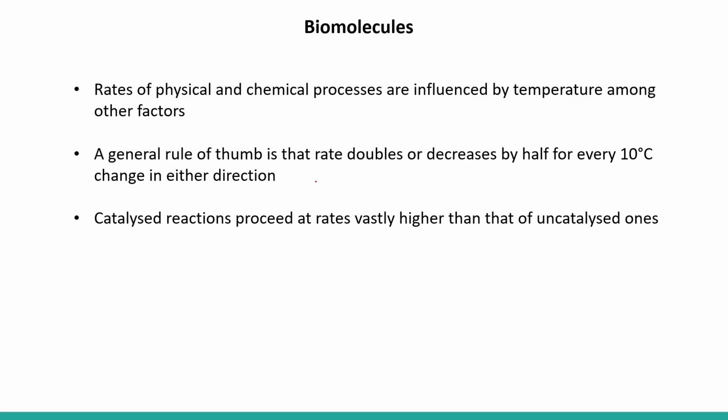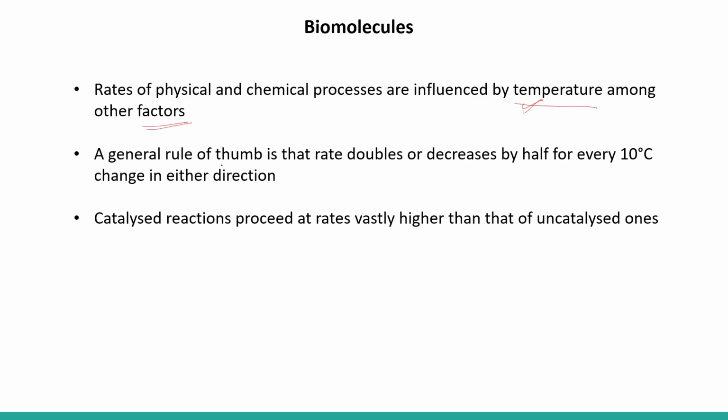The rates of physical and chemical processes are influenced by temperature, among other factors. You can increase or decrease the rate of a physical or chemical process by changing the temperature or even the other factors. We will cover in the next session what the factors are that govern the rate of reactions.